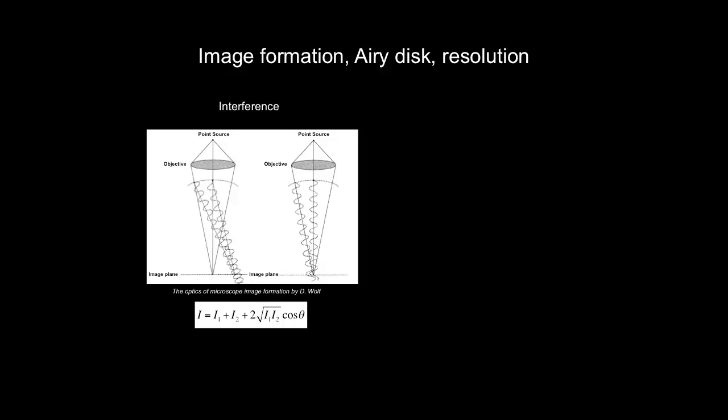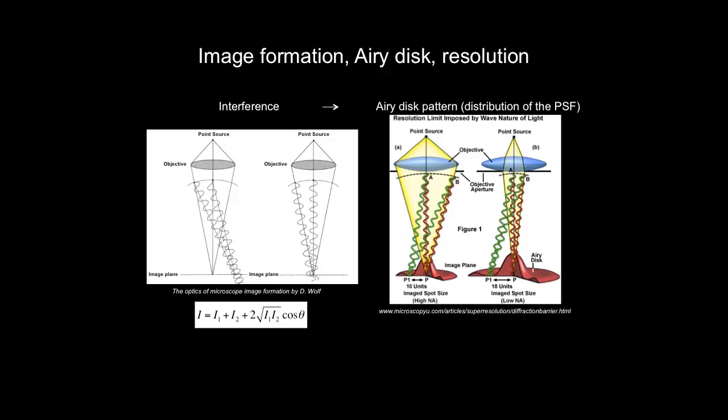So most of the light goes to the central point of the image, where the waves interfere constructively to form a bright spot, but they can go to a different location where they shift in phase and interfere destructively to generate a dark point. So the result of this interference is a pattern that's called the Airy disk pattern.